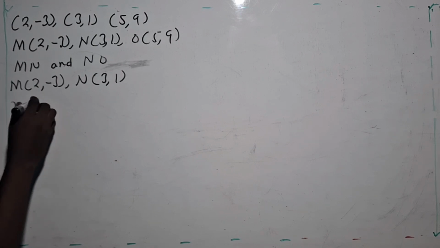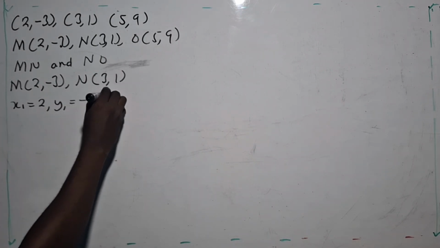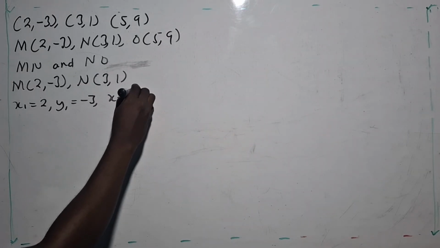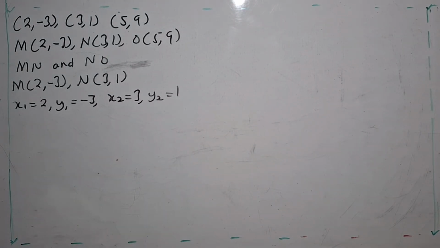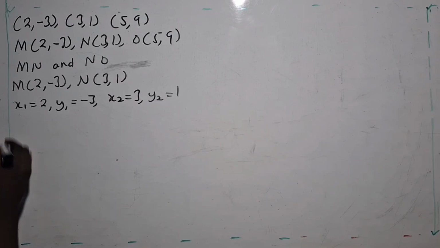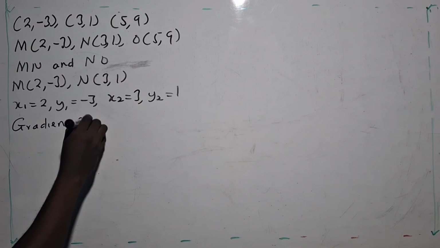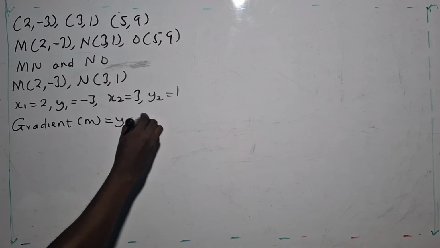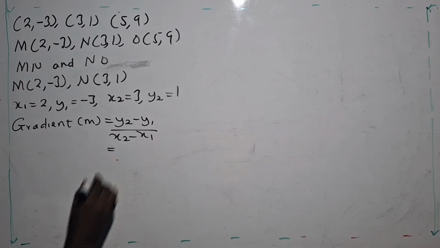So x1 is 2, y1 is -3, x2 is 3, y2 is 1. So follow closely. Our gradient, which is small m, is y2 minus y1 over x2 minus x1.